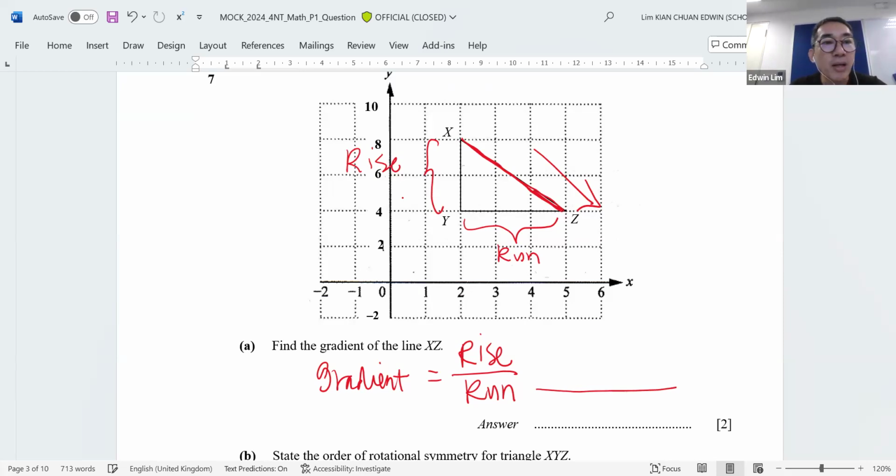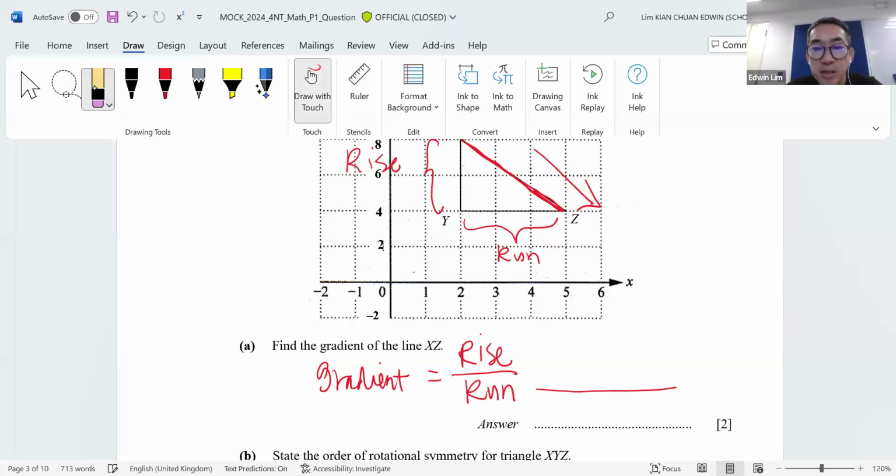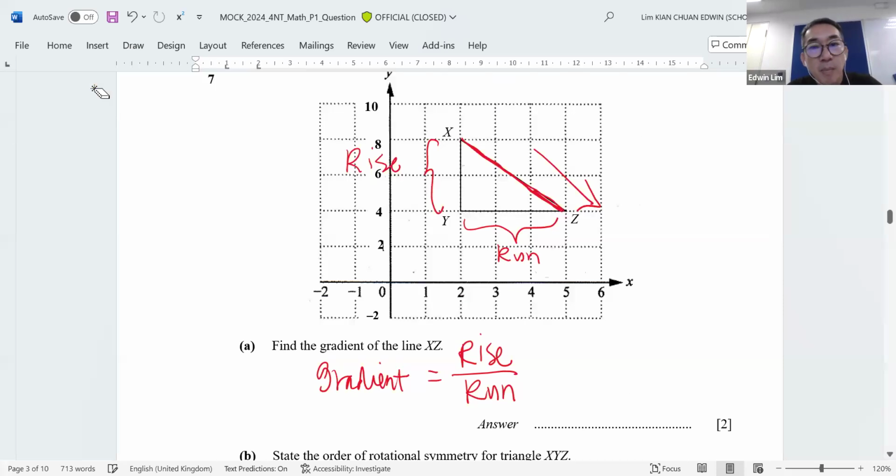So how do I get the values right now for the rise and the run? Please do not count the box. If you're counting the box, you have to know the value of the box. All right, so I'm going to find my rise first.